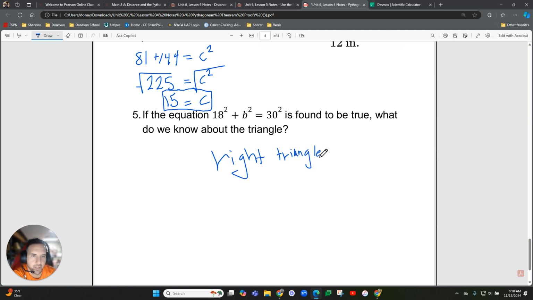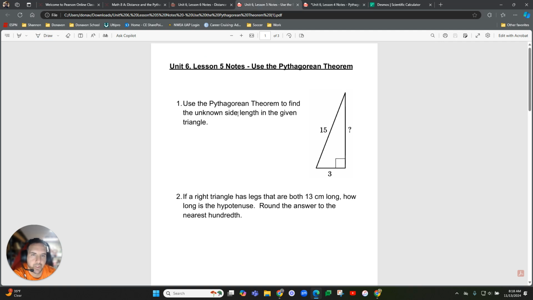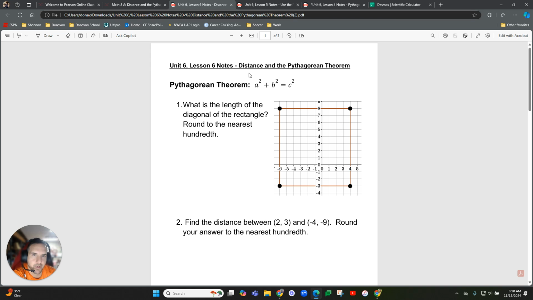All right, if we look through the notes for the next ones, in lesson 5 we're going to be doing the Pythagorean theorem. In lesson 6, it's called the distance and Pythagorean theorem, so we're trying to use the Pythagorean theorem to find some distance.